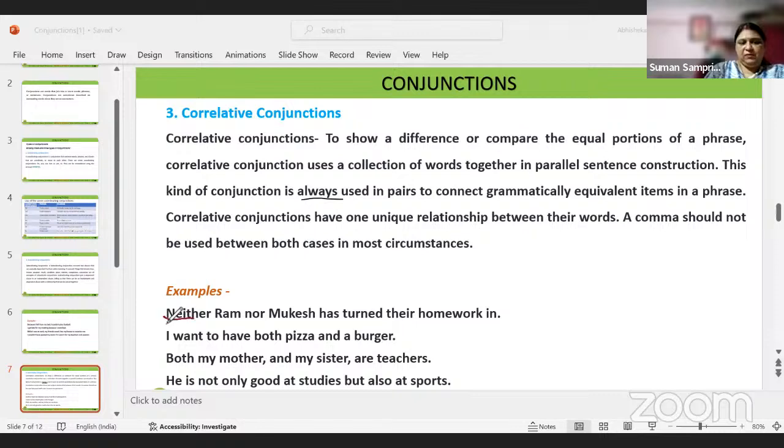So you will always find them in what? Pairs. So neither nor, both and, not only but also. These are all examples of correlative. Like we have relatives, you know, we stay together with our relatives.